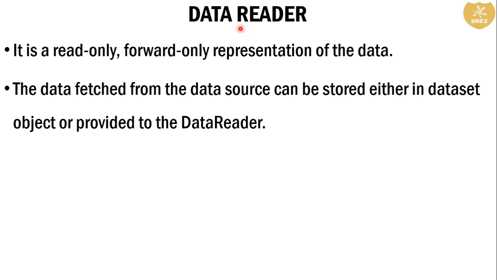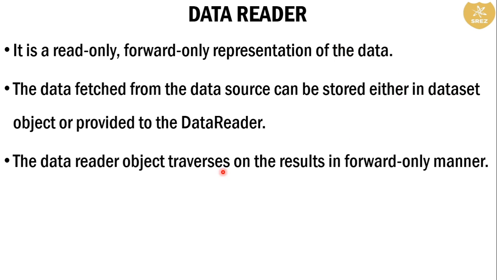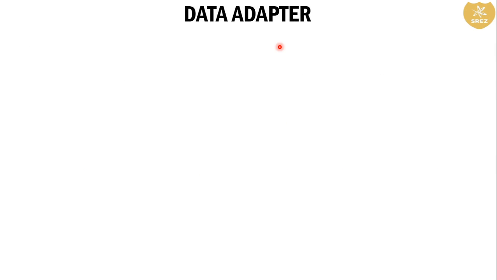So data adapter has two options: either it stores the data into data reader, or it will store data into data set. Data reader object traverses the result in a forward-only manner, meaning from first to last it will traverse the data.